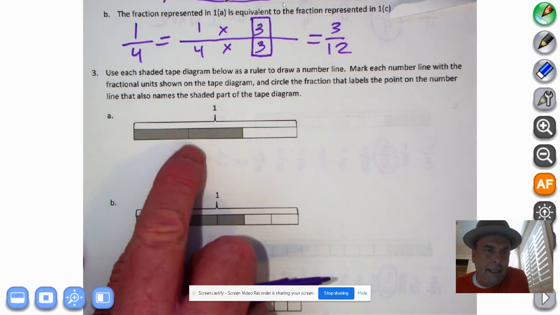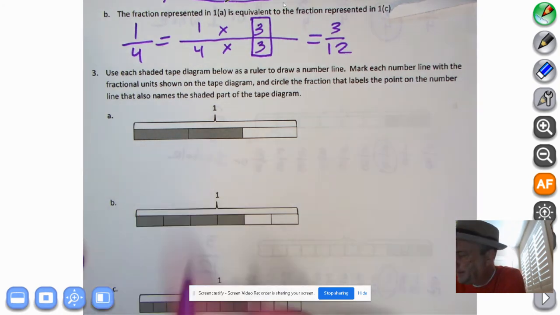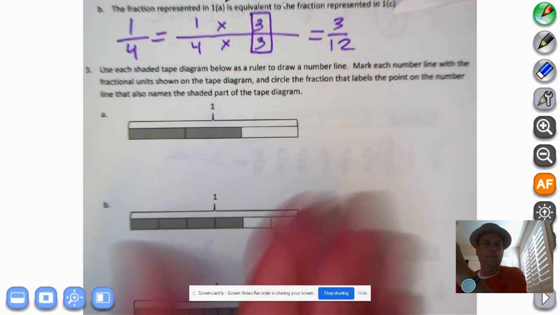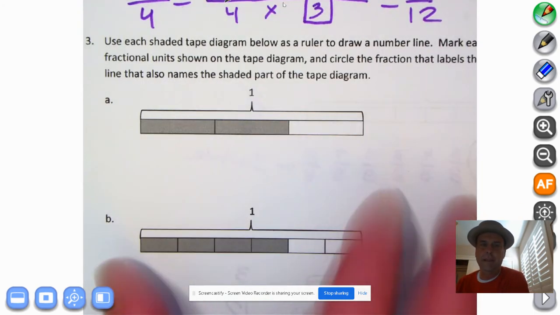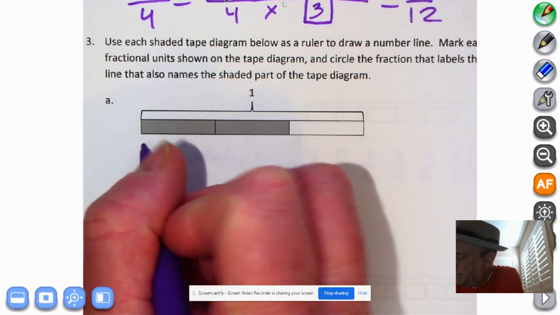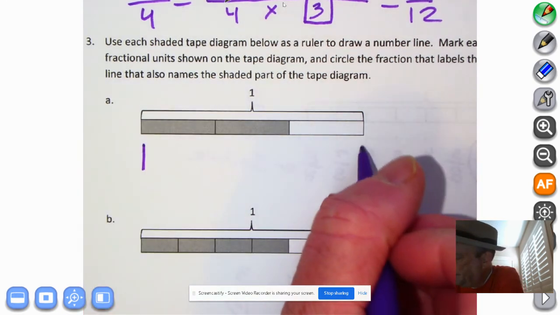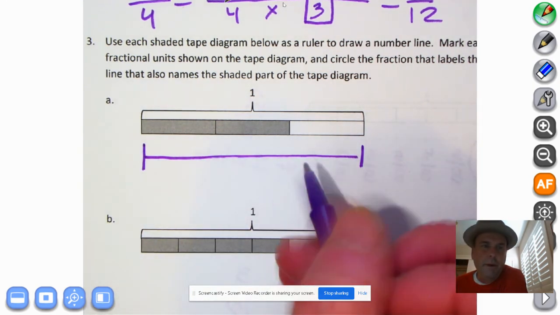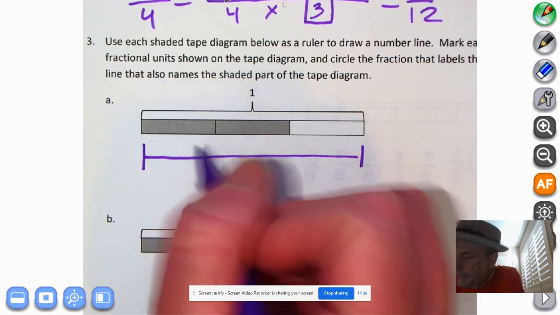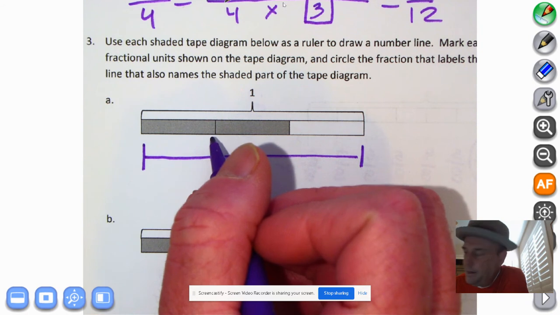Use each shaded tape diagram below as a ruler to draw a number line. Okay, let's do that. Let's get a good close look at 3A. So I'm going to draw a number line. Remember? And we're going to put the notches of the number line.